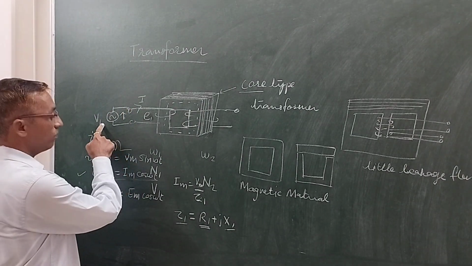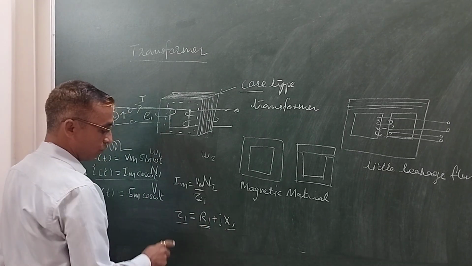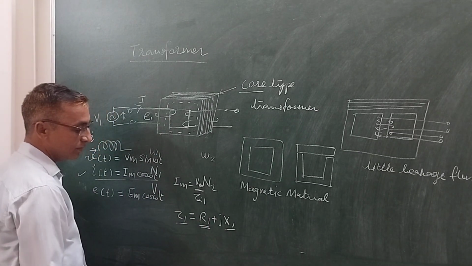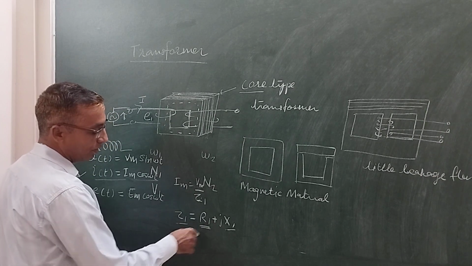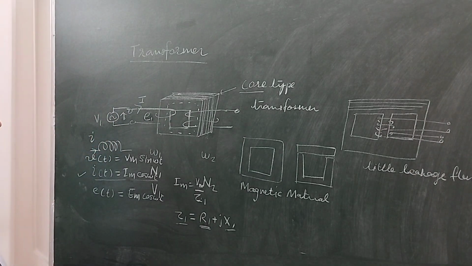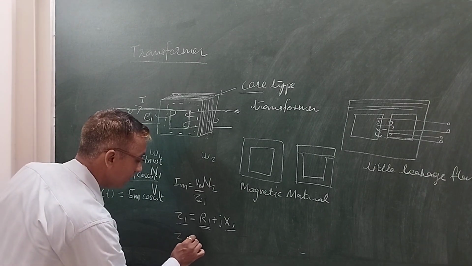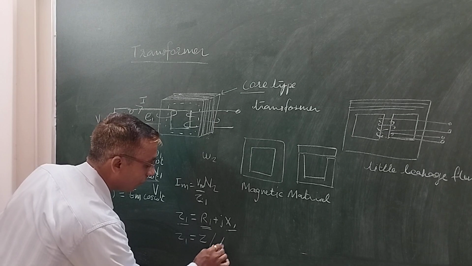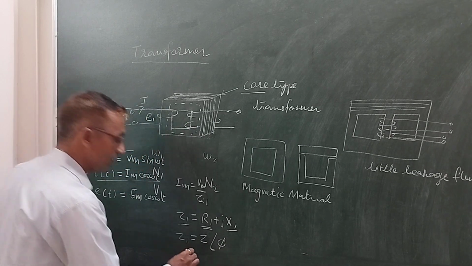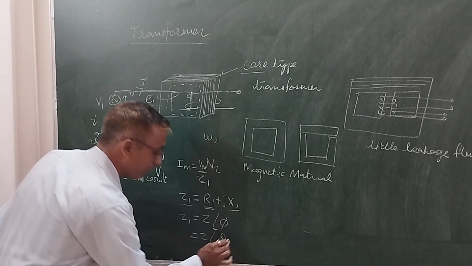If the frequency of the supply is 0, then this X1 will be 0. Otherwise Z1 is R1 plus j times X1. I am defining this in Cartesian form or the complex number. If I want to define it in polar form, it is Z at an angle phi. In some cases we call it as Z at an angle theta.